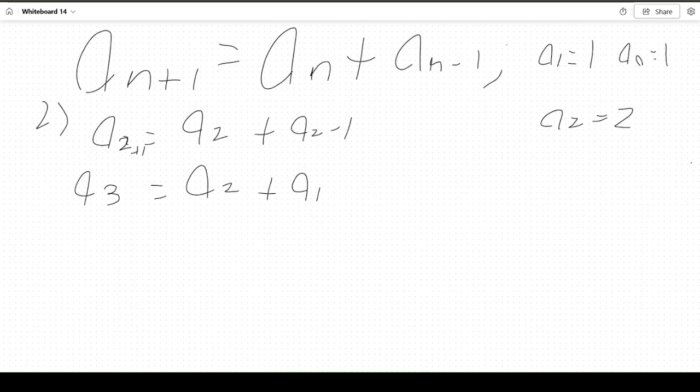So a2 is 2, and a1 is still 1, so a3 is going to be 3. And since we have all our sequences for the first three terms, we're just going to plug them in here.